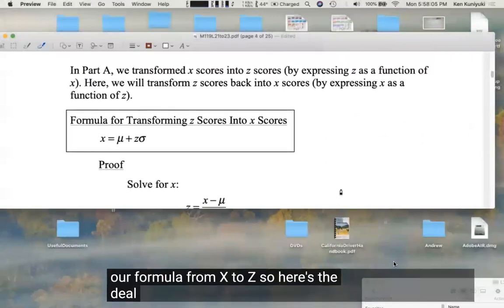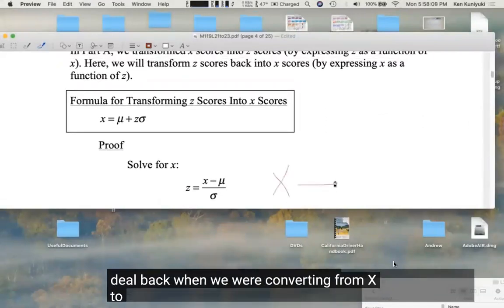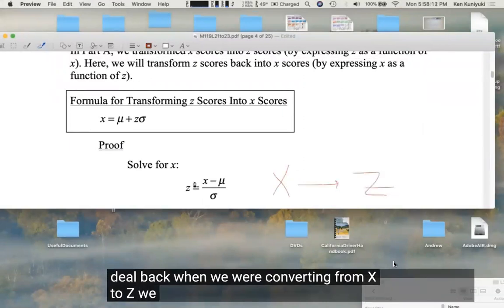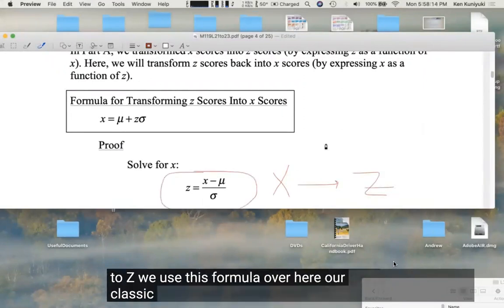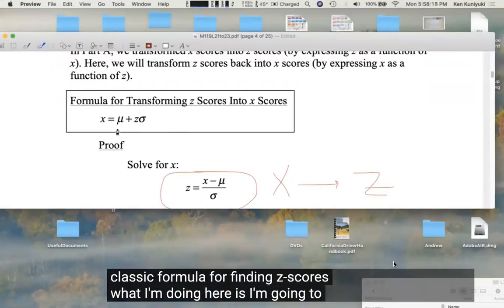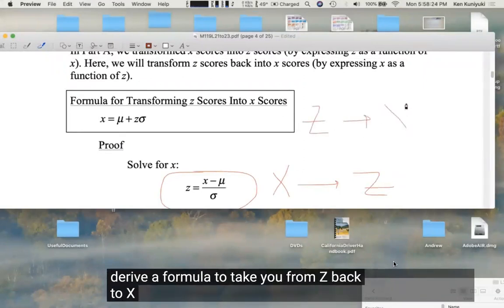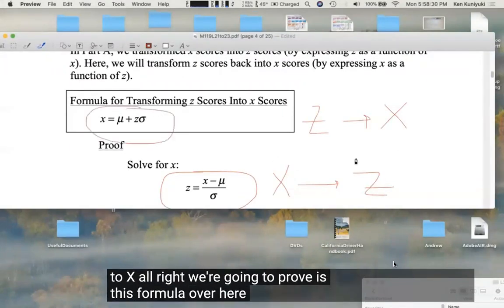Back when we were converting from x to z, we used this classic formula for finding z-scores. What I'm going to do here is derive a formula to take you from z back to x. And we're going to prove this formula over here.